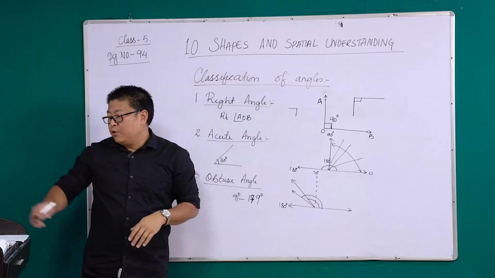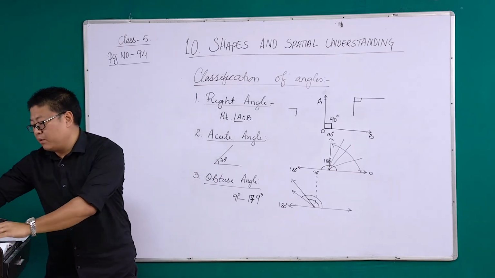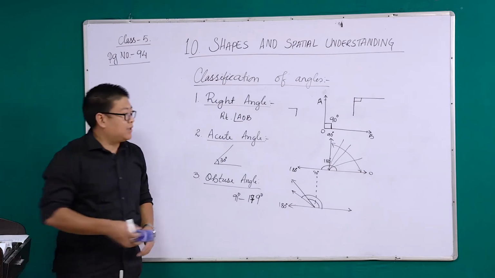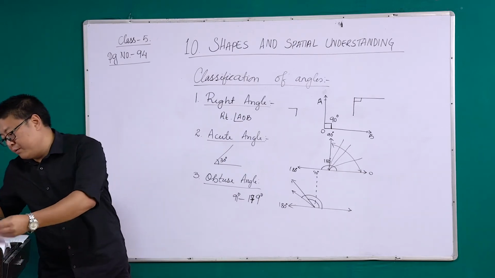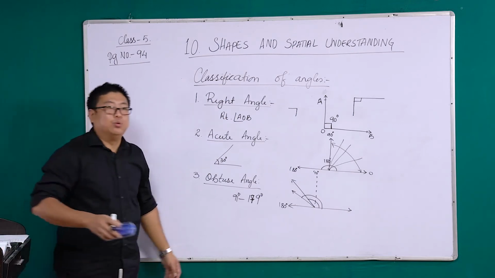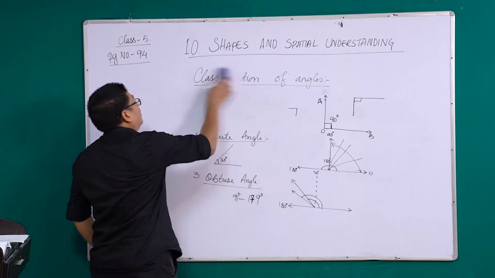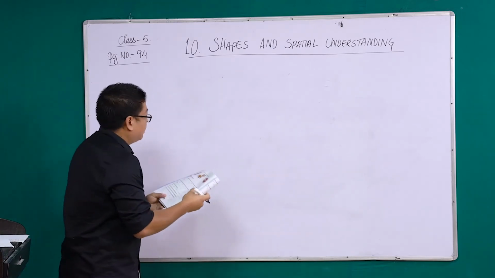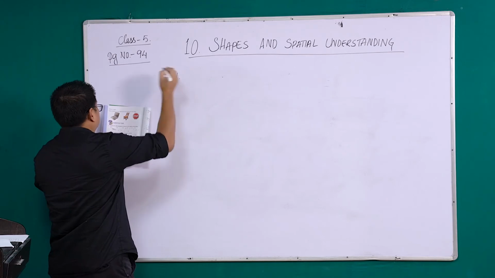All right? So, basing on these things, we will quickly look at one or two questions in the exercise. So, please turn to page number 102. Now, if you look at the first question, Question number 1.